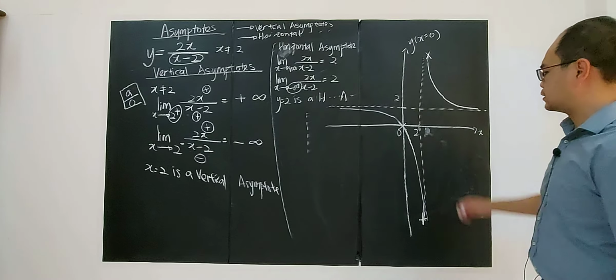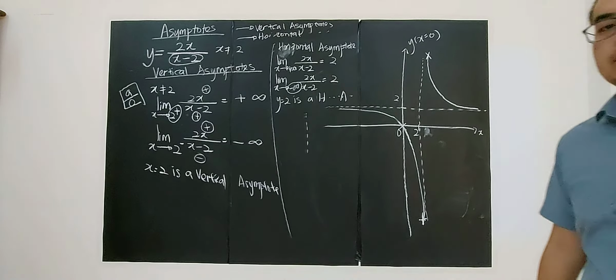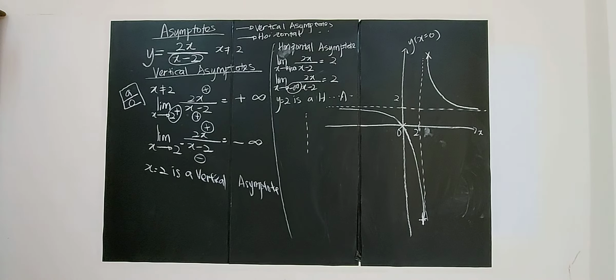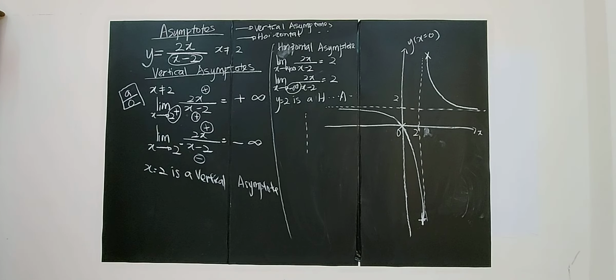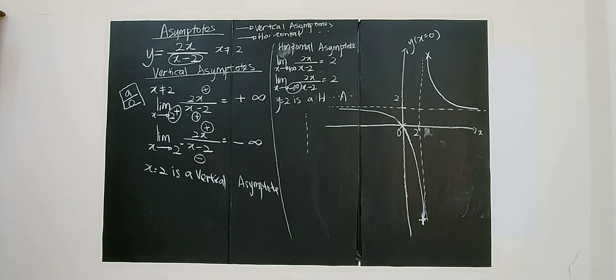Alright, so this is the graph, which is a reciprocal function graph. Hope you understand the use of limits in finding the vertical asymptote and horizontal asymptote, and hence you can sketch the graph by using all these asymptotes.